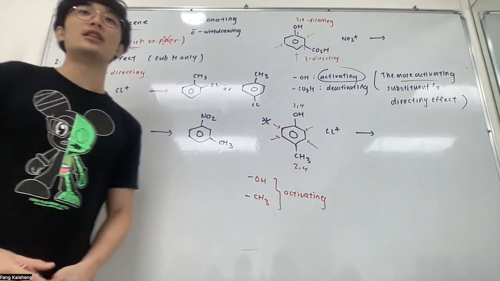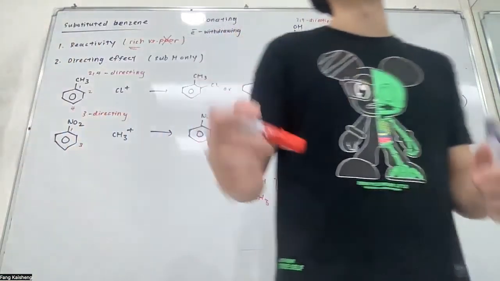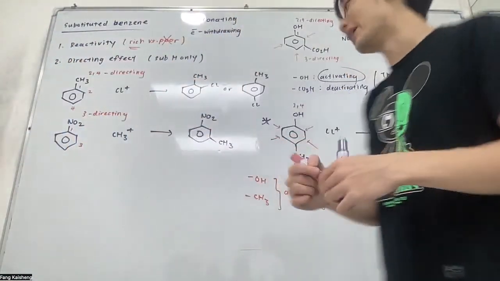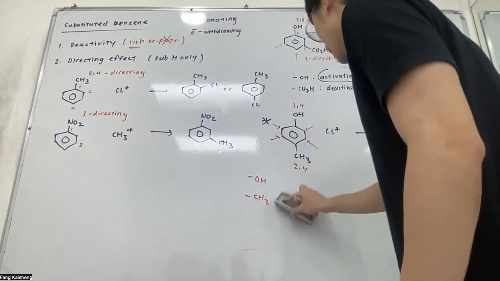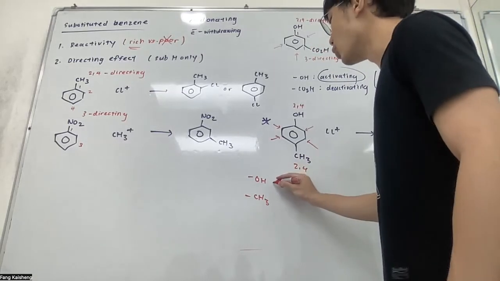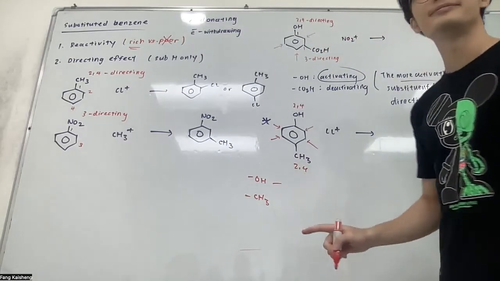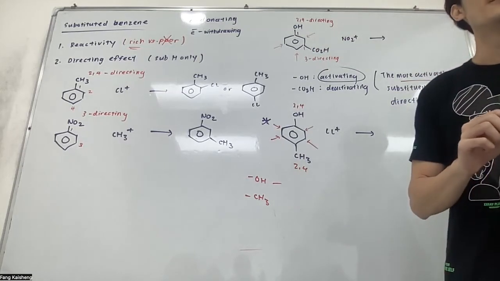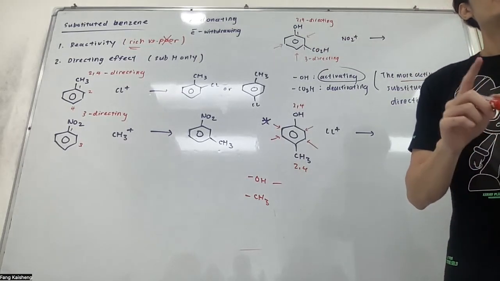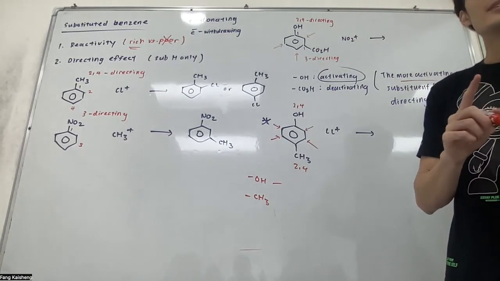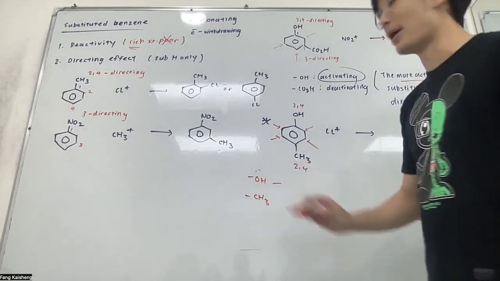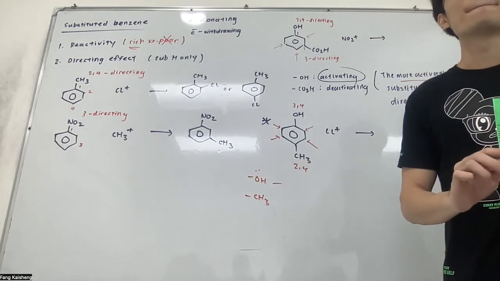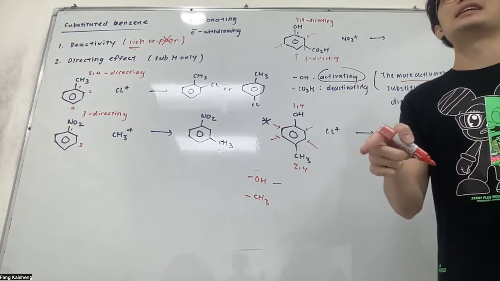Guys, they are both activating, correct? But what the data booklet has not told you is this. OH, in what way is it activating? How does it donate electrons to benzene? Can you remember? How exactly? Remember, OH, what's the overall effect? The fact that it has a lone pair, what will the lone pair do? The overall effect is that it's donating.